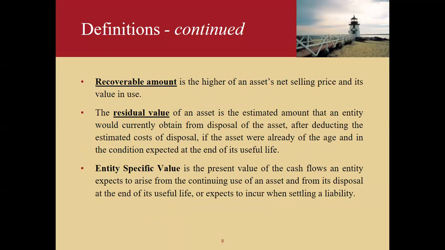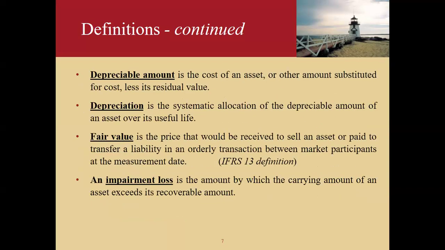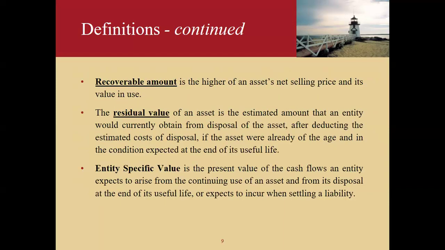So let's continue. We've already seen recoverable amount. Let me just go back. We said impairment loss is the amount by which the carrying amount of an asset exceeds its recoverable amount. So at this time, we are going to see what recoverable amount is.